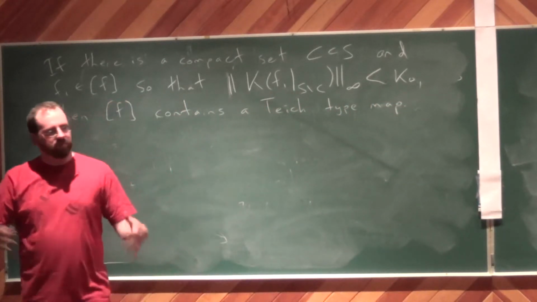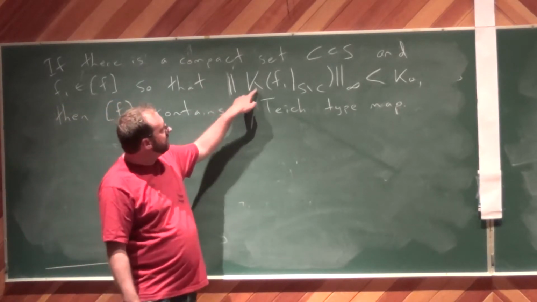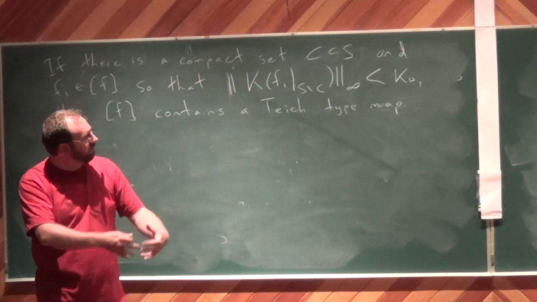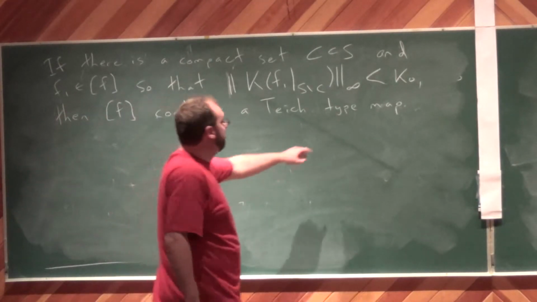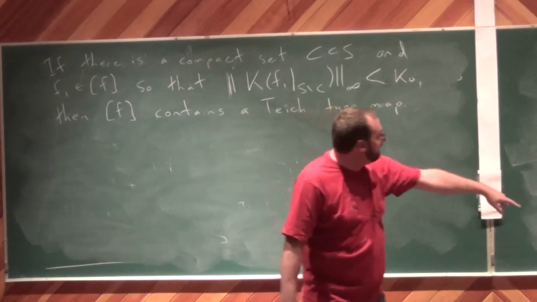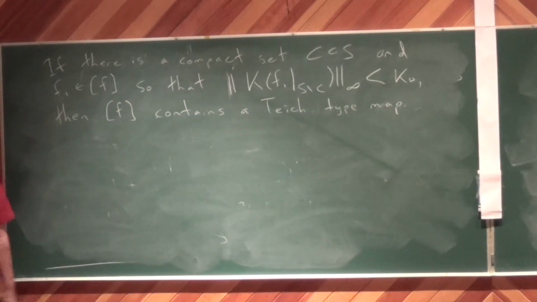So if you come up with an equivalence class, and in that equivalence class you can find a quasi-conformal map so that the distortion of that map outside a compact set is actually smaller than the distortion of the extremal map taken as a whole, then it turns out that our class contains a Teichmüller type map.